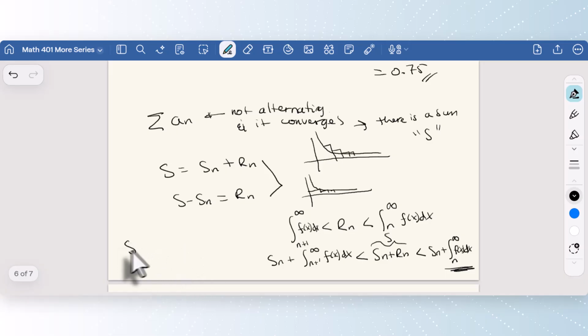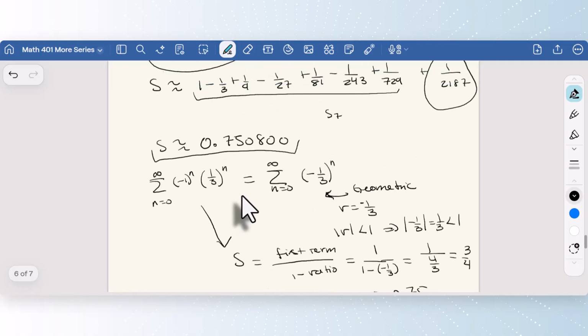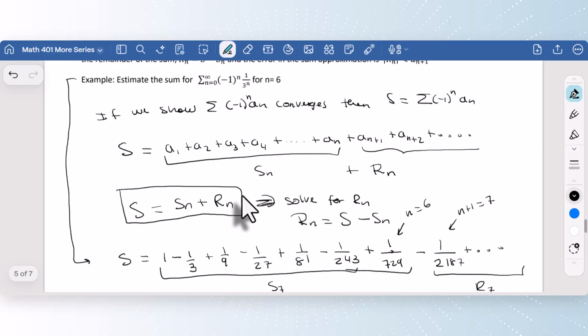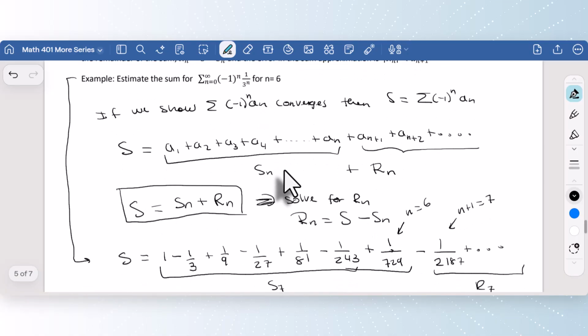So we can say our sum is approximately, like in the above, in this case, if it was not alternating, I could say S for n equals 6, so S7.